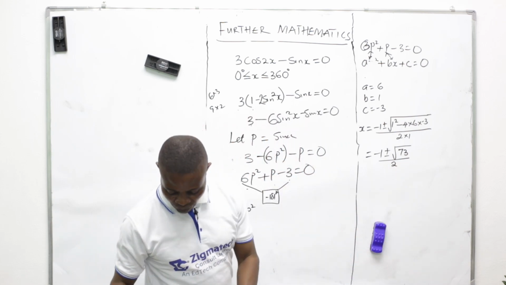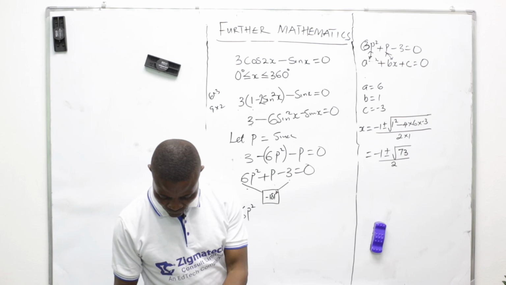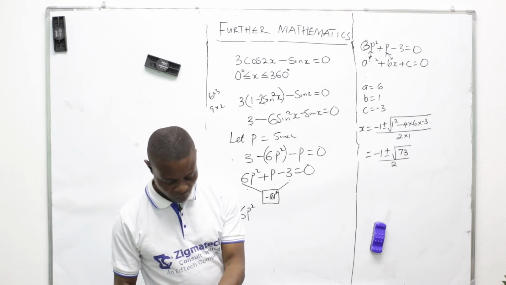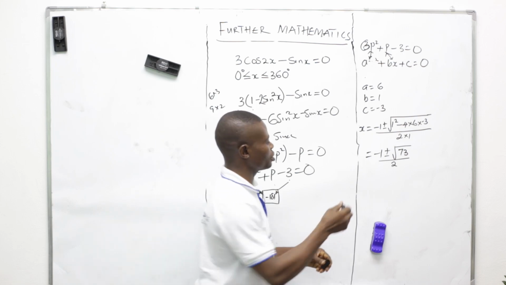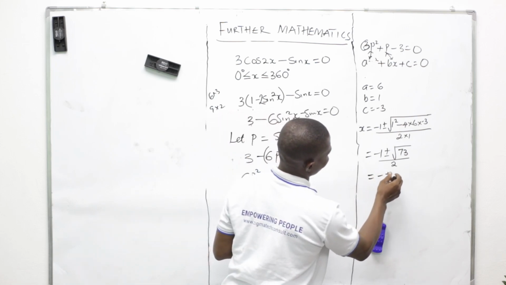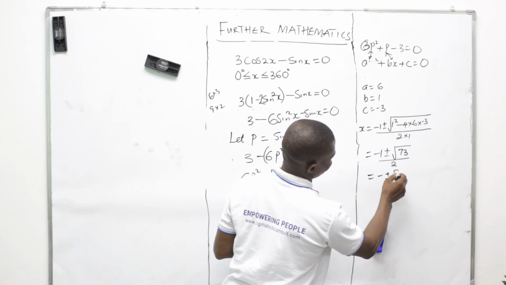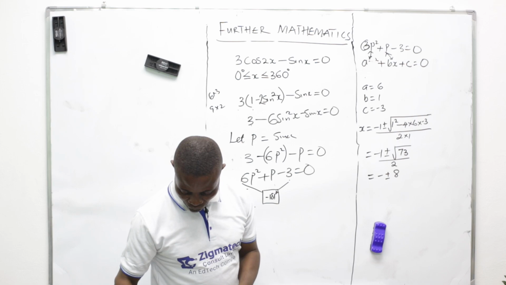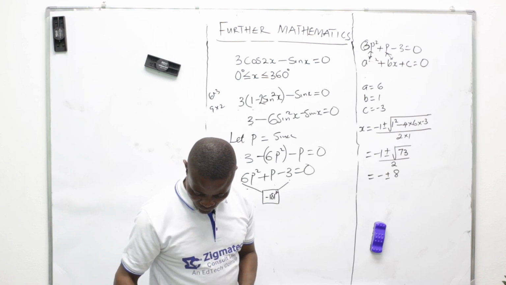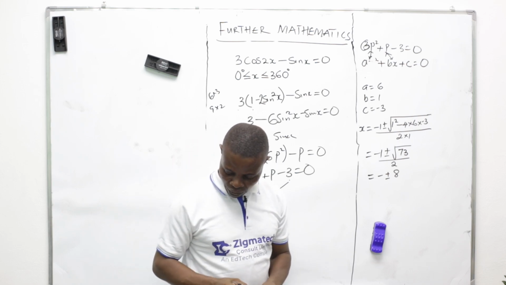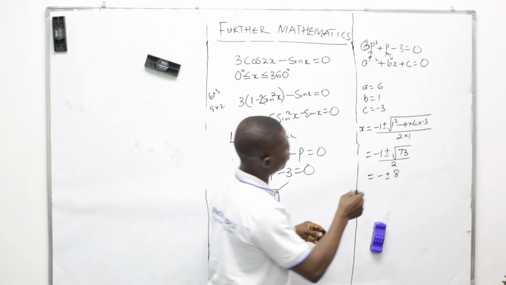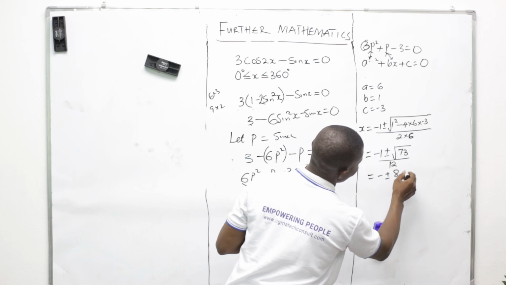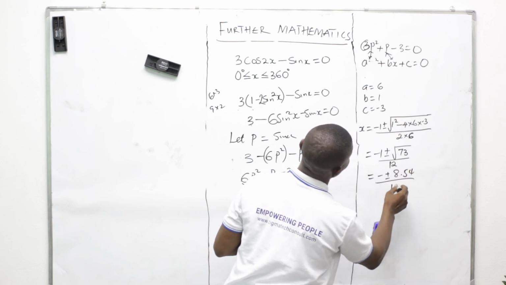Then the square root of 73 equals 8.54. Minus 1 plus or minus 8.54 all over 12.